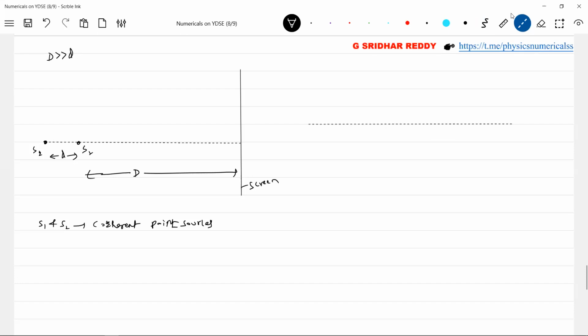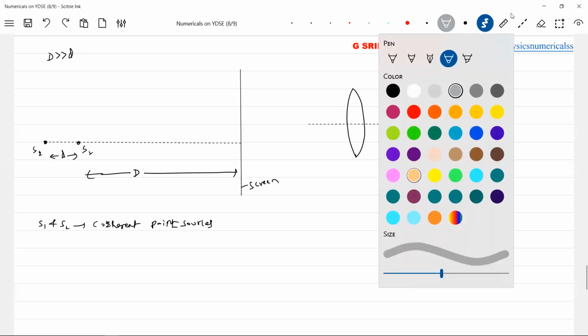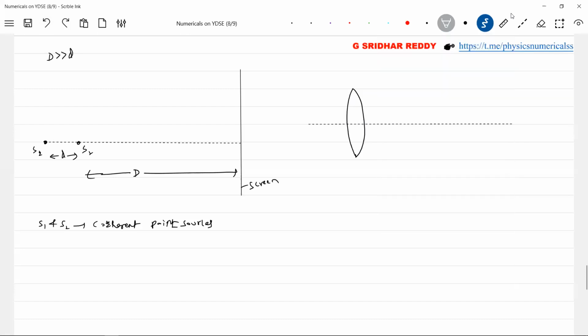The application problems, if they ask you related to ray optics. So there's a lens. The upper part of the lens has one refractive index, mu1.